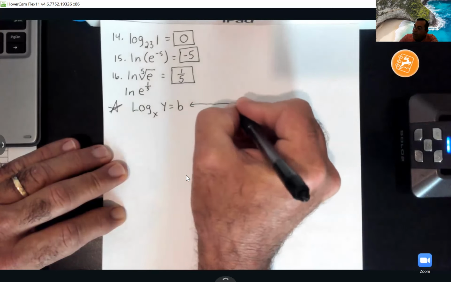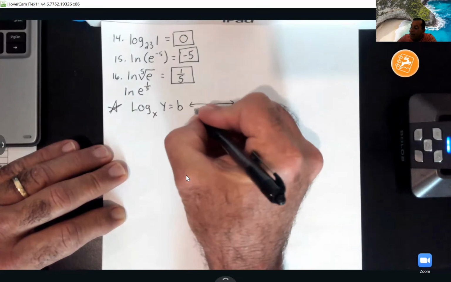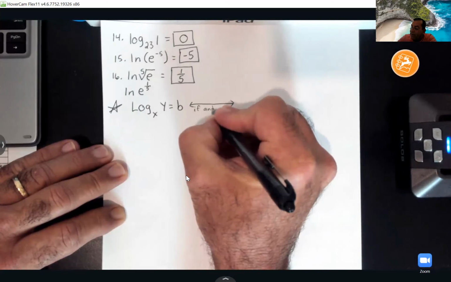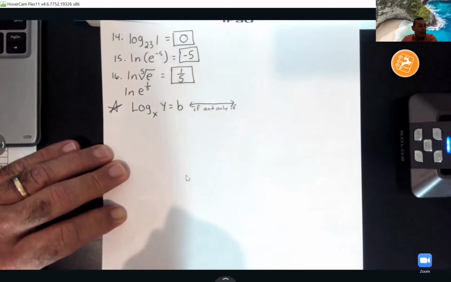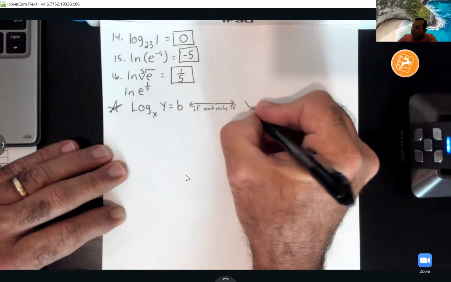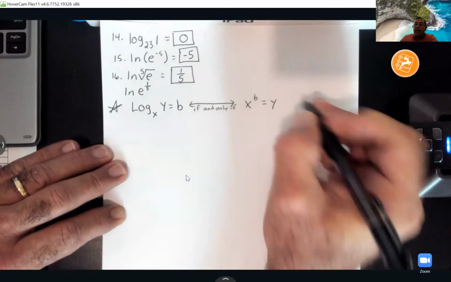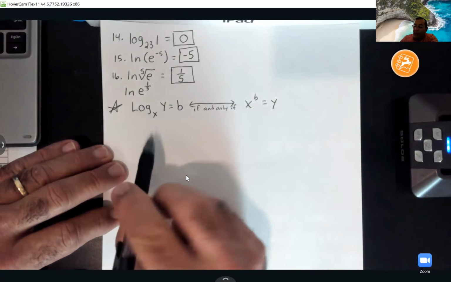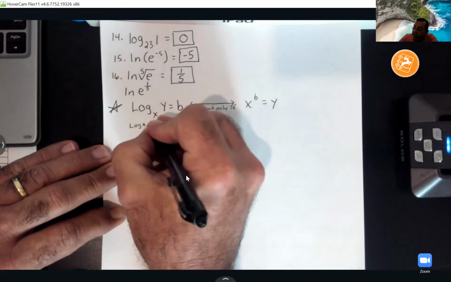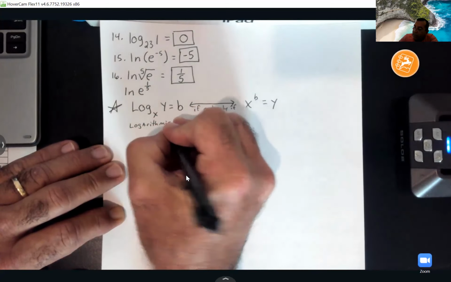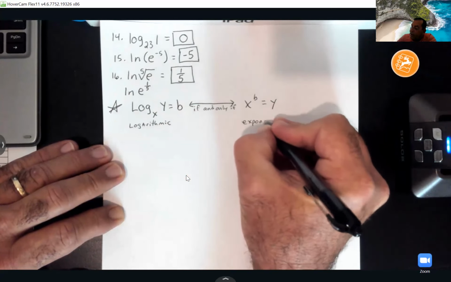I've got a two-sided arrow. This two-sided arrow means if and only if x to the b equals y. So this is the logarithmic form. This is the exponential form.